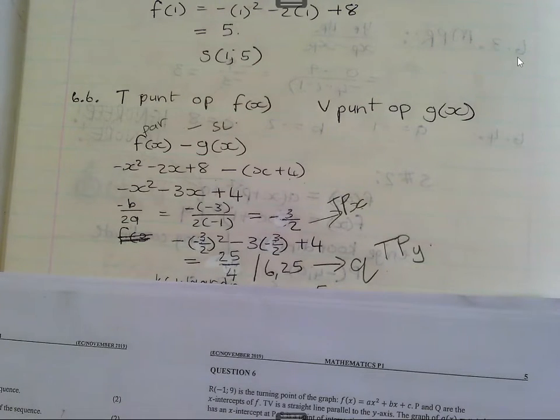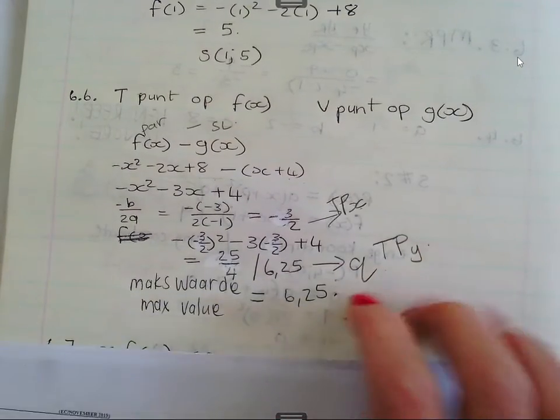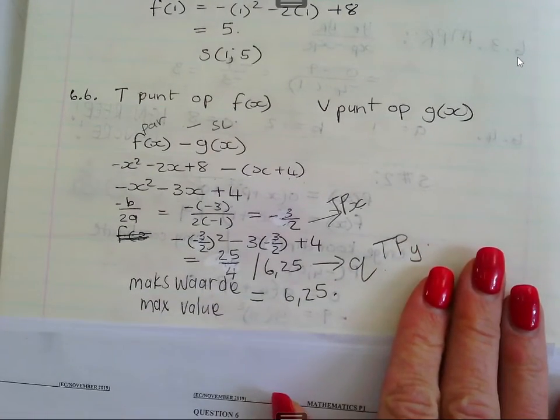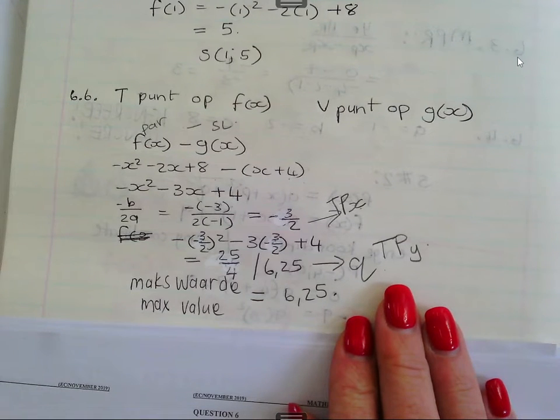So now I am able to say that the maximum value of TP, the longest it can be before it will start decreasing in length again, will be 6,25.